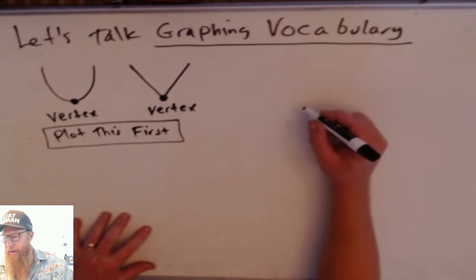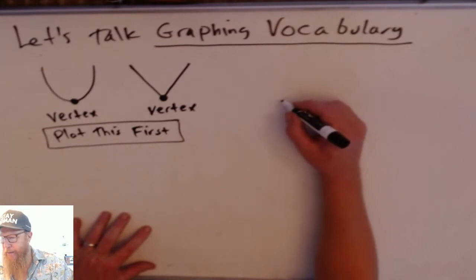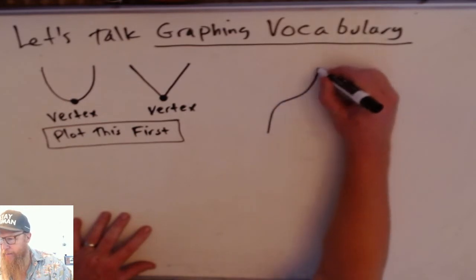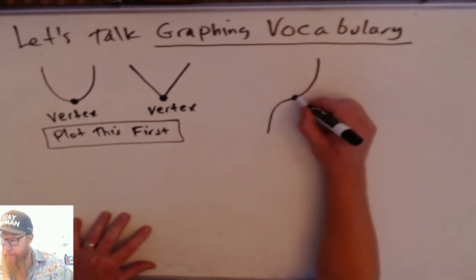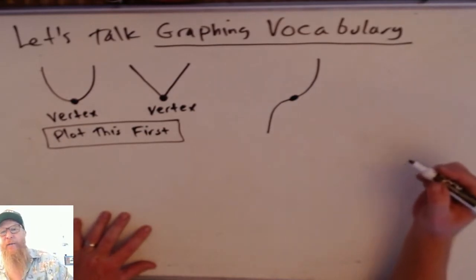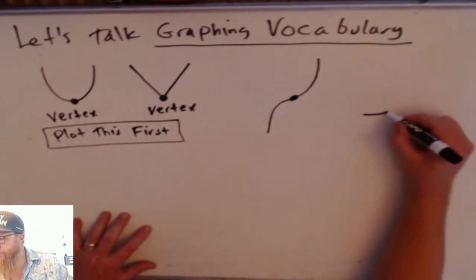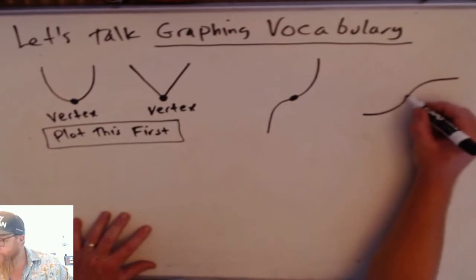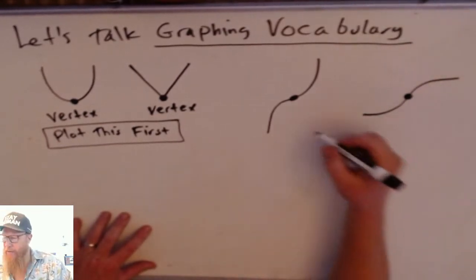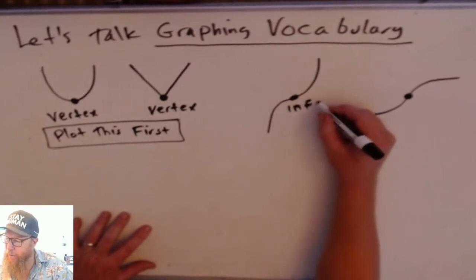For the cubic and the cube root, so this is the cubic, this is the cube root. These are called inflection points.